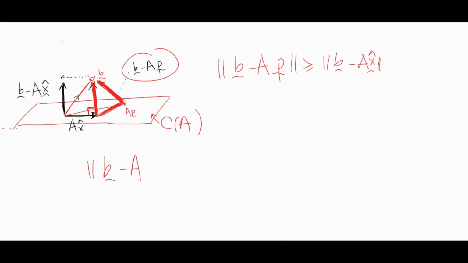B minus AX hat is the smallest, so to speak, and B minus AP will be bigger. The P here I just randomly picked. AP is an arbitrarily fixed element in the column space of A, so this should hold true for all elements in the column space of A.